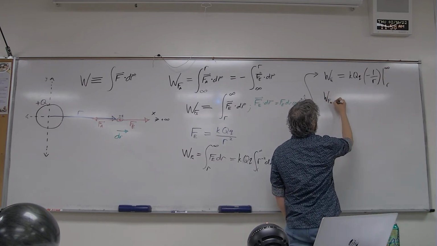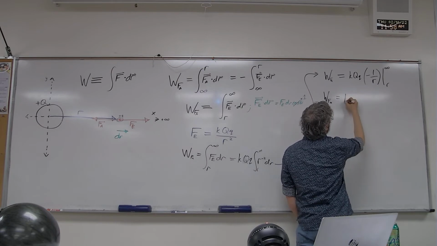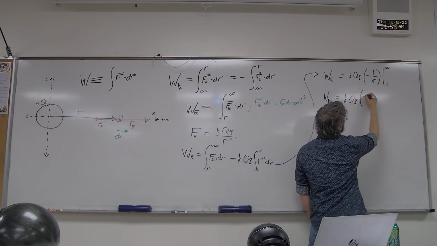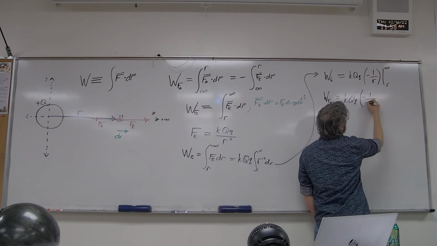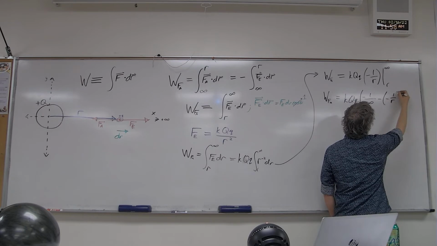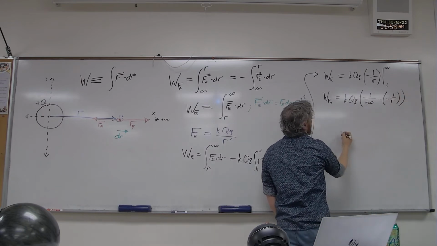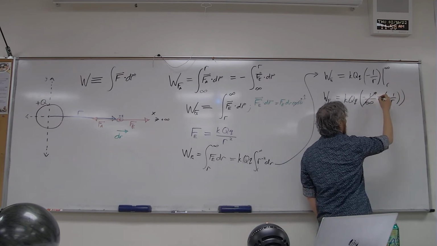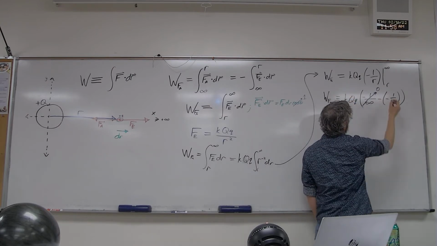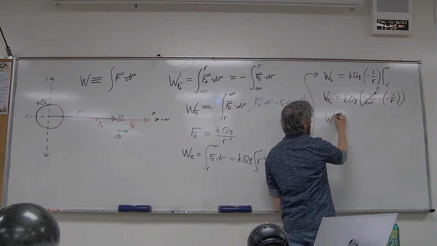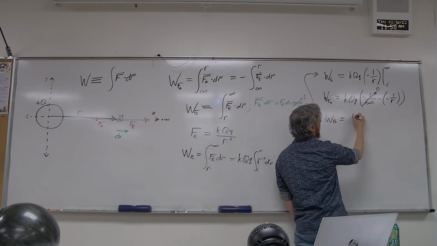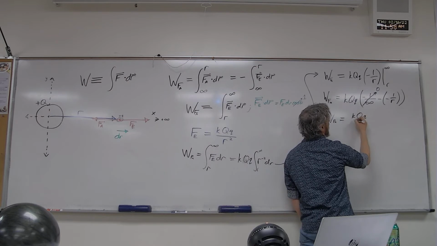So the work done by the applied force is equal to kQq times negative 1 over infinity minus negative 1 over r. What's negative 1 over infinity approximately? Because infinity is not really a number, but 0. So the work done by the force will be kQq over r.